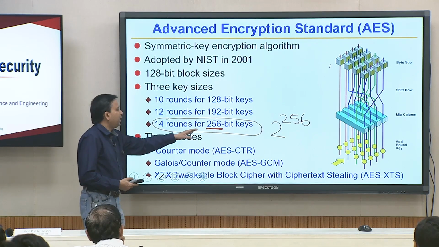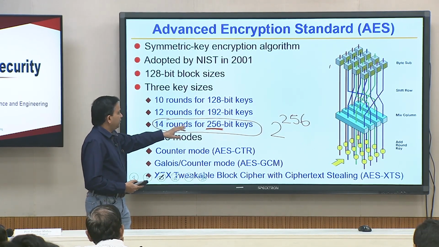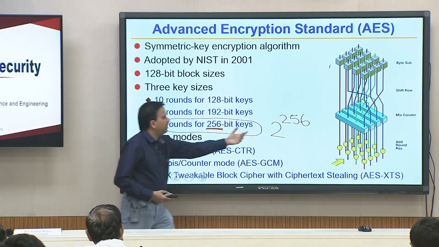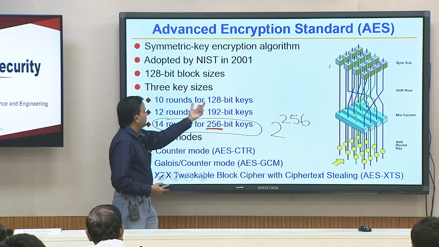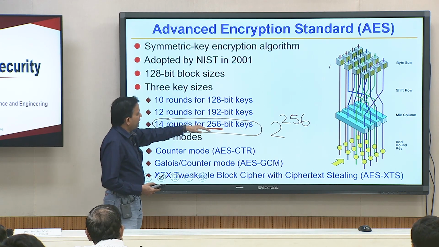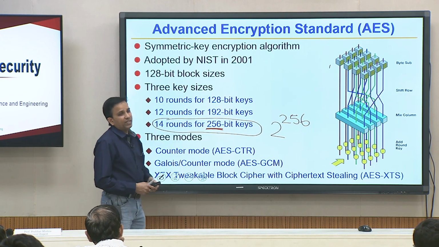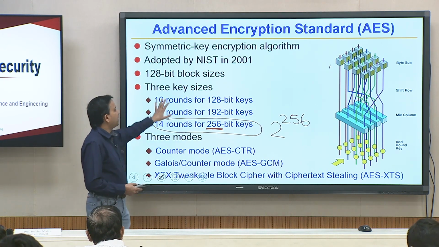And one more thing I wanted to highlight. Although I have simplified this, each of them is a lot more complicated, because even the number of rounds is different for the different key sizes. So, it is not exactly the same thing.